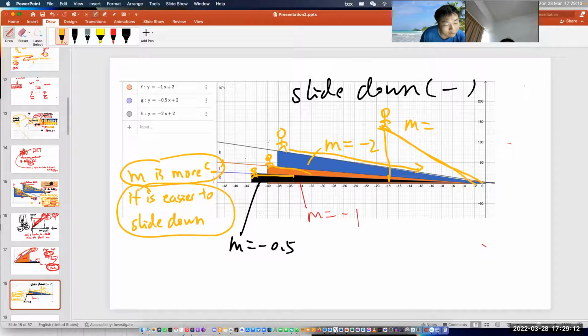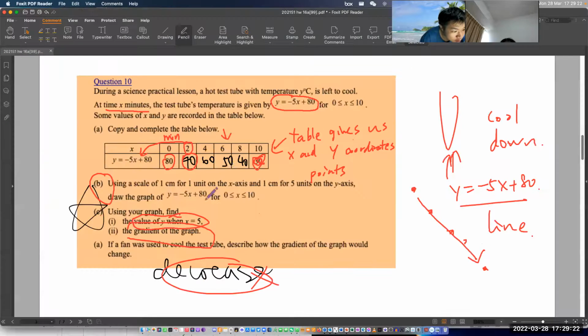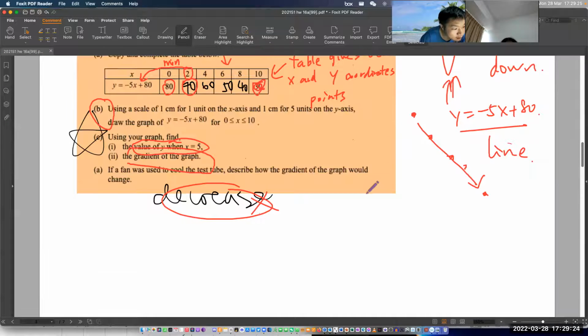You just have to remember this for a slide down. Yes. So if you look at the cool down question just now, here, they say the thing cools faster. So just now, this is the line. This is the starting line without the fan. And then with the fan, you have this.